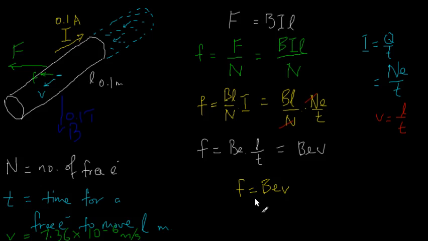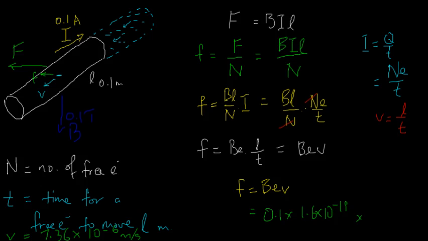So let me now find a value for this force on a single electron. B is 0.1 Tesla. e is the charge of one electron. That's 1.6 times 10 to the power of minus 19.